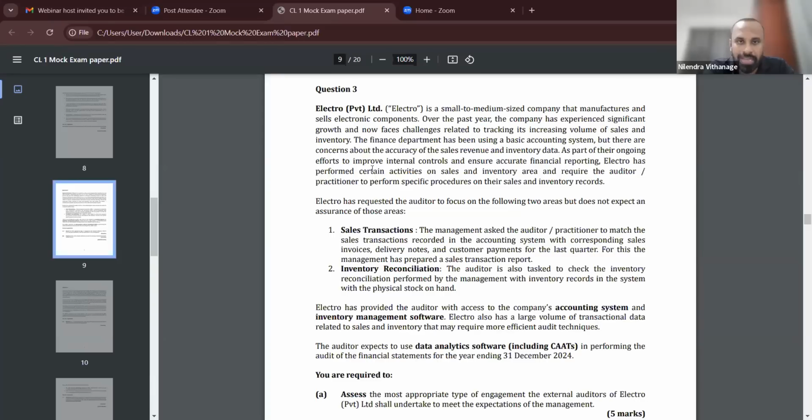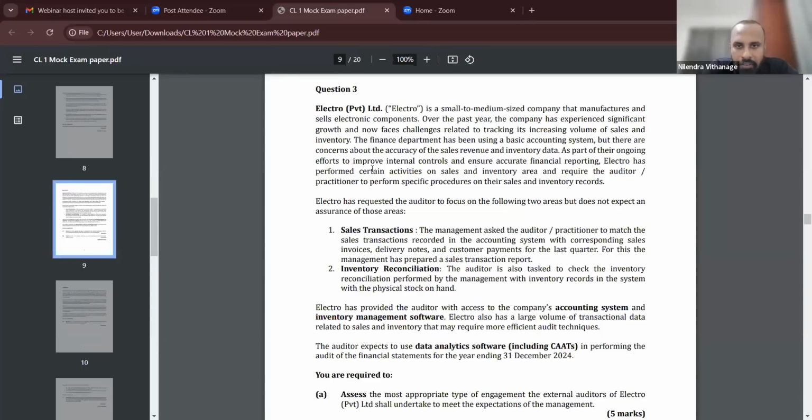As part of their efforts to improve internal controls and ensure accurate financial reporting, Electro requires the auditor or a practitioner to perform specific procedures on their sales and inventory records.